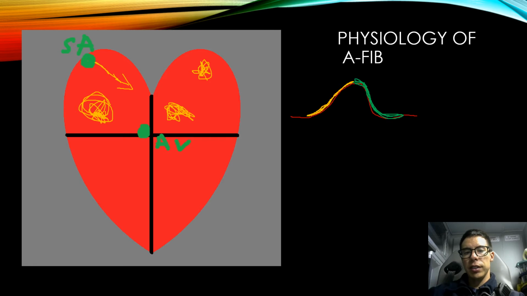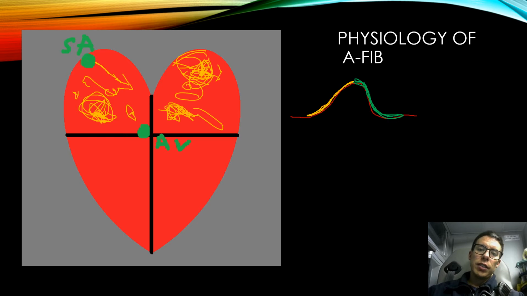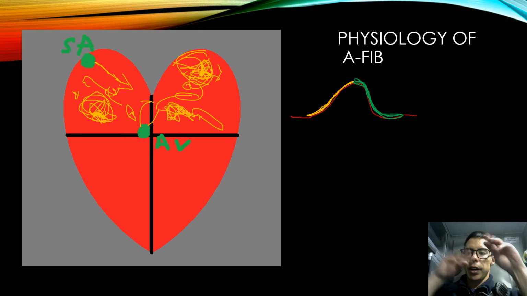So this area starts firing and spreading, and then it reaches this area, it's not ready. Then this area is expecting some, so it starts firing. And then this area is all of a sudden ready, but this area is not, so then this area starts firing. What that does is eventually it's just all these erratic beats throughout the atria.